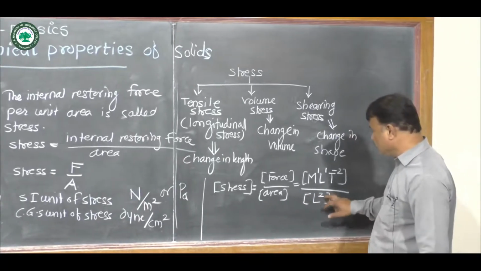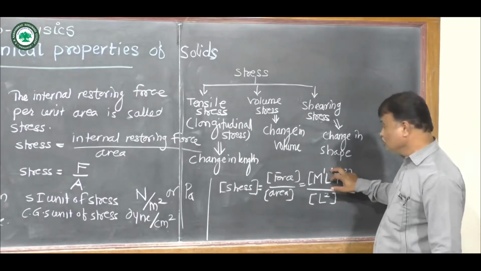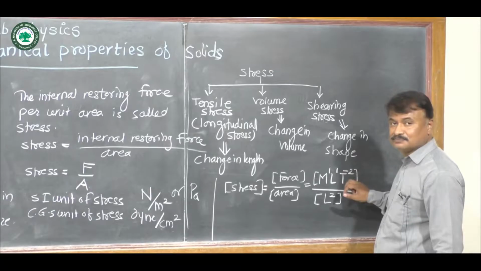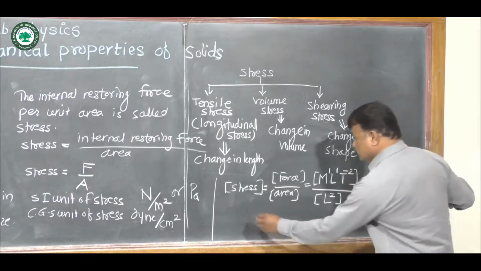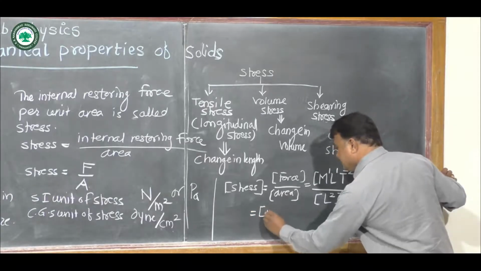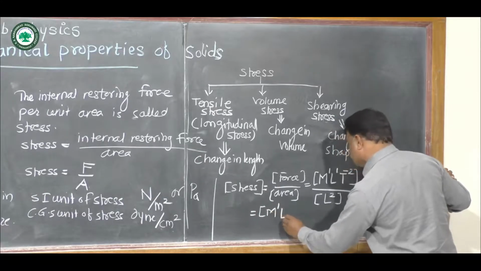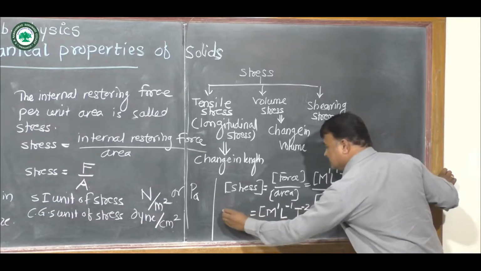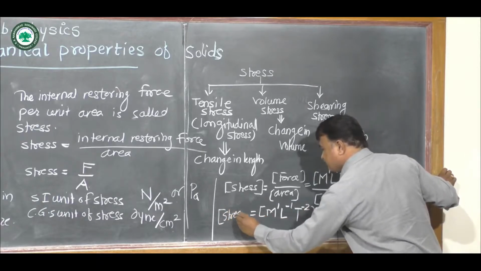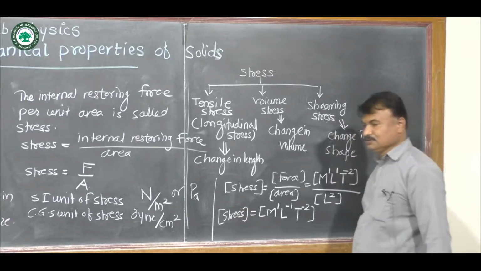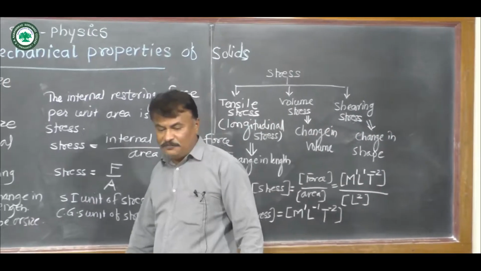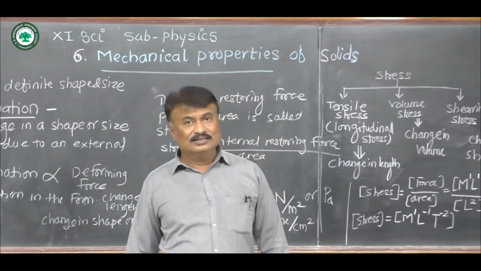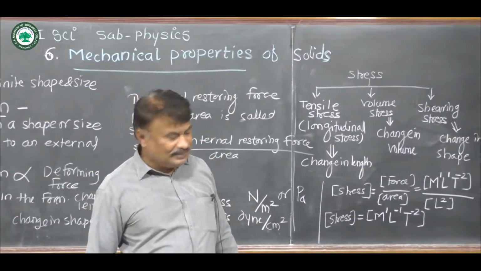Now this plus 2 on the lower side will become minus 2. Minus 2 plus 1, it is minus 1. So we write M raised to plus 1, L raised to minus 1 and T raised to minus 2. These are the dimensions of stress. In this way, we obtain the dimensions of stress: M raised to plus 1, L raised to minus 1 and T raised to minus 2.